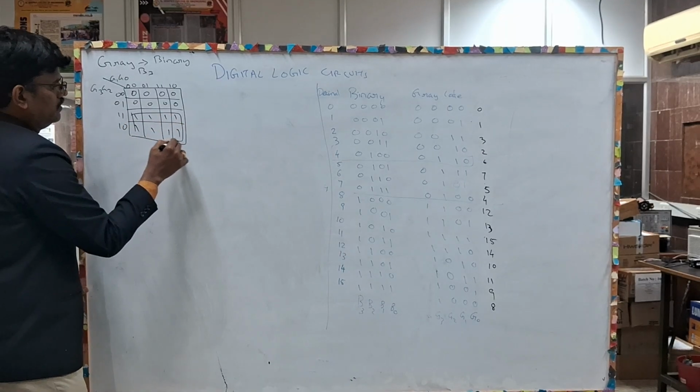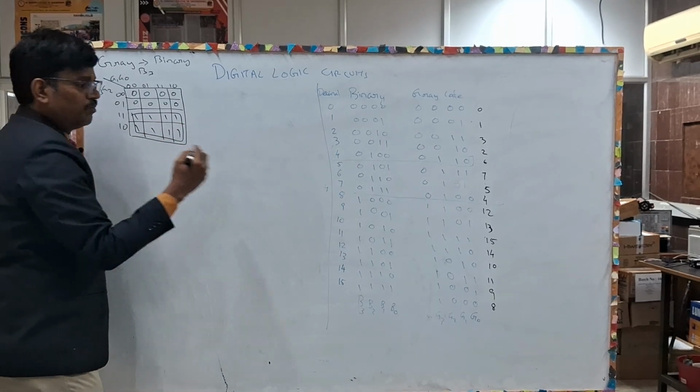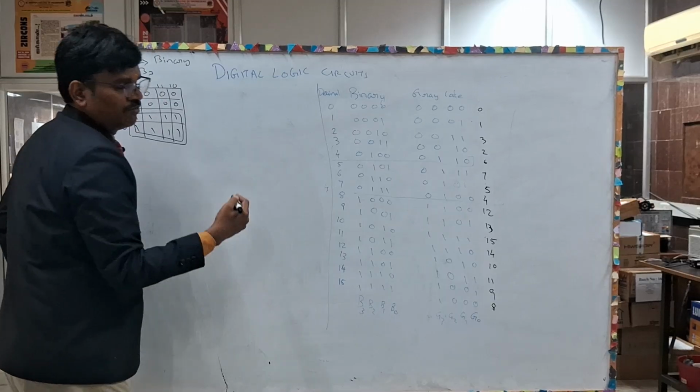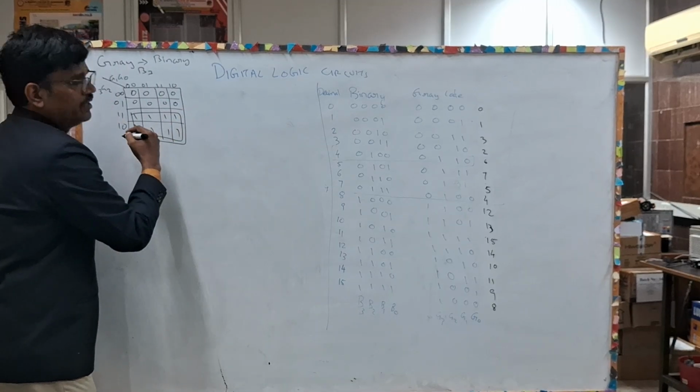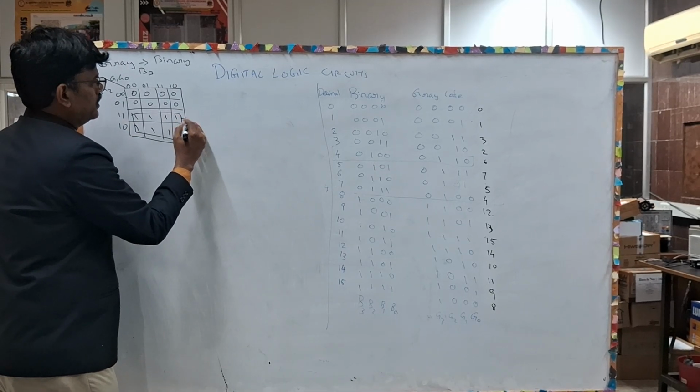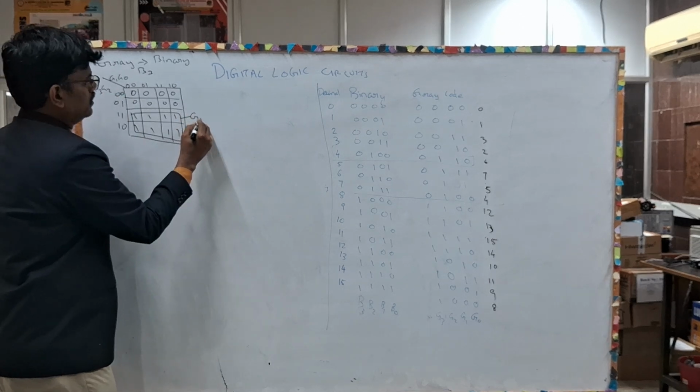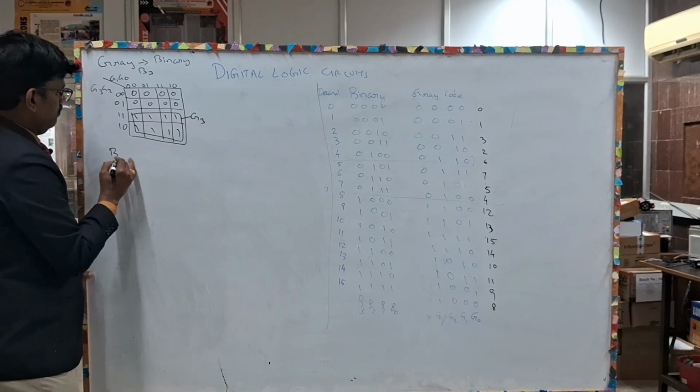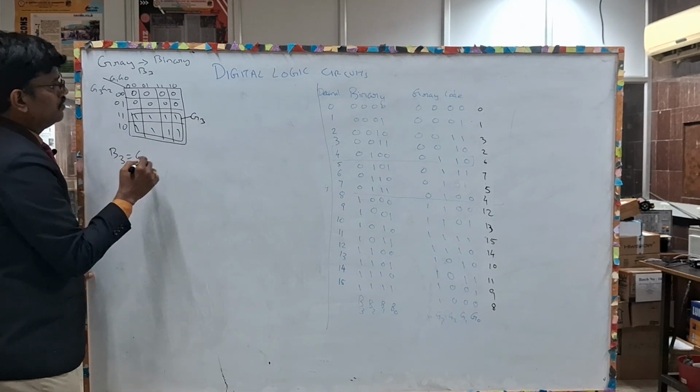So we have this grouping of more adjacent ones. This is going to be 8 ones together, and this answer is G3. So we have B3 equal to G3.